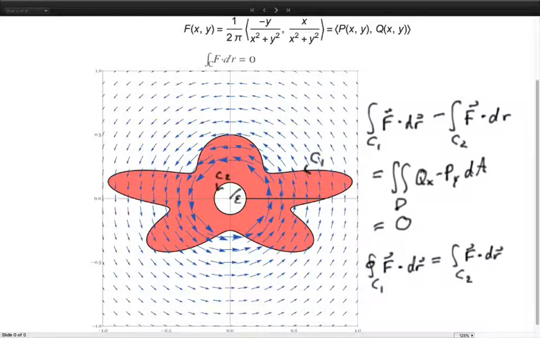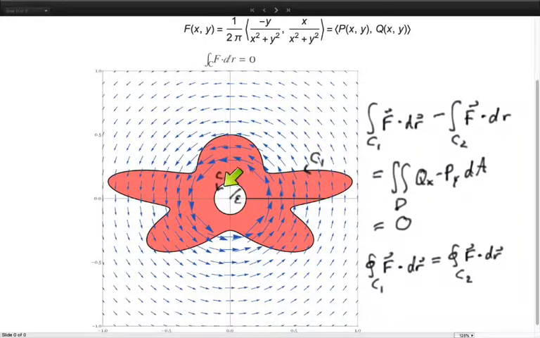And these are closed curves. So this idea will work for absolutely any simple curve where the origin is in the interior. We'll always be able to find a small circle to carve out, and we can repeat the same experiment. And that's the very profound idea here: any curve whatsoever, star-shaped, blob-shaped, it doesn't matter. If it encircles the origin, its line integral through this vector field is the same as going around a small circle on the inside.